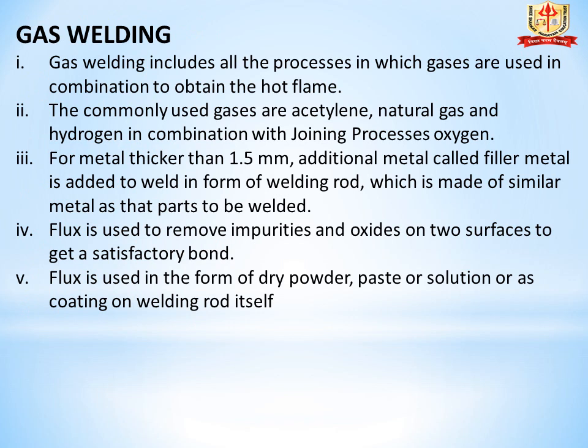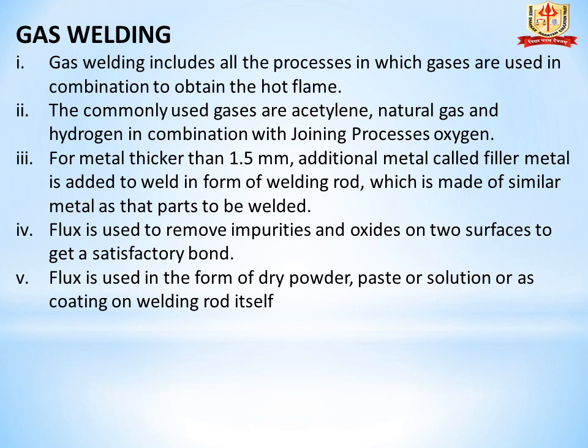Now in this slide we study gas welding. Point number 1. Gas welding includes all the processes in which gases are used in combination to obtain the hot flame. Point number 2. The commonly used gases are acetylene, natural gas, and hydrogen in combination with oxygen.